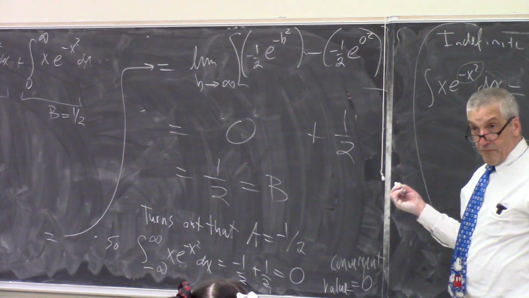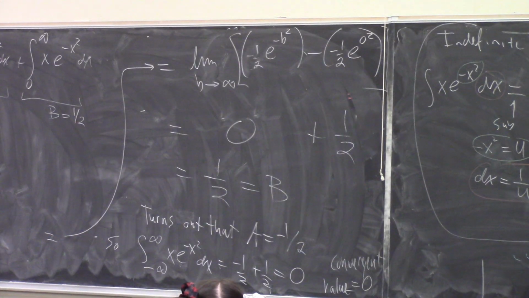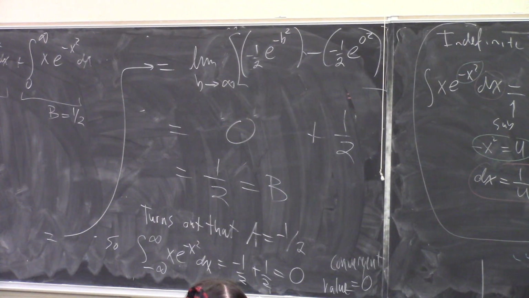Now you have to be careful about these integrals. It's subtle. You might think, why don't I, instead of breaking this up into 2 integrals, go from minus b to b and just do that? But that's not the way it's done.